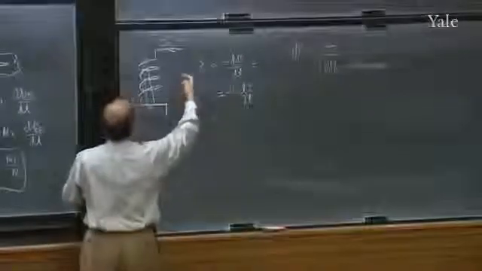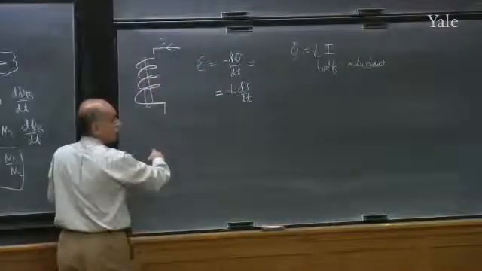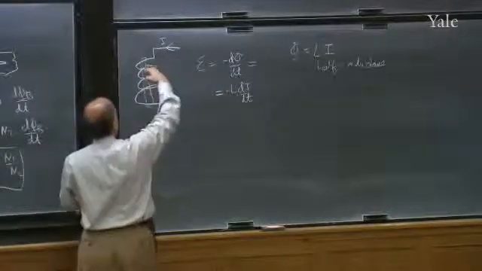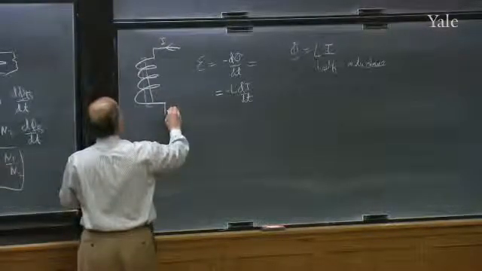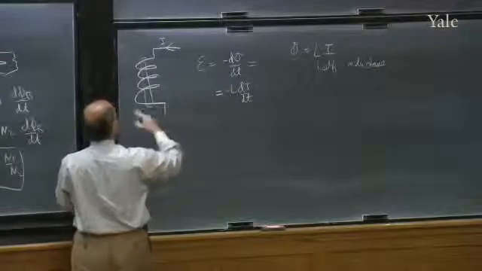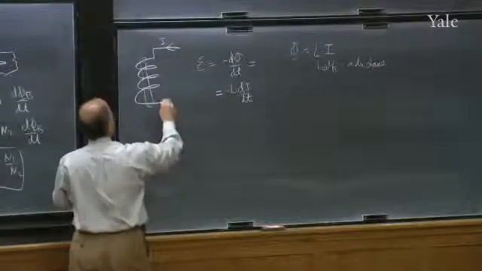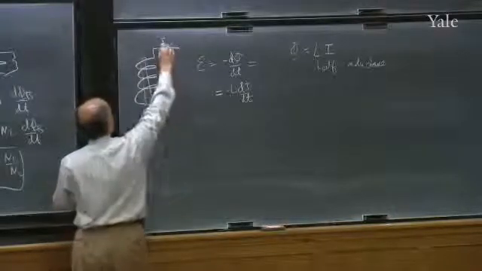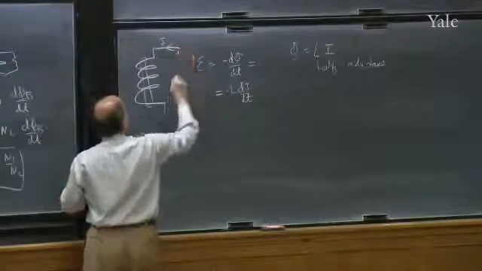So in this example, if the current is going like this, let us say it's trying to increase. If it is trying to increase, then a back EMF will be set up to fight it. It'll try to push charges that way, from this terminal to that terminal, and you'll pile up charges there.